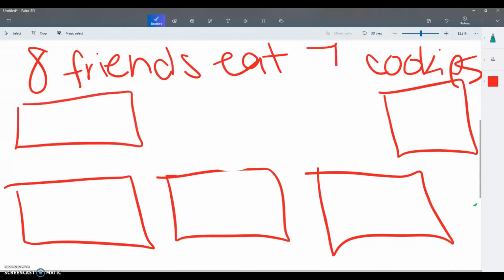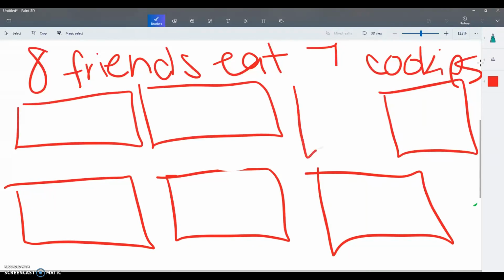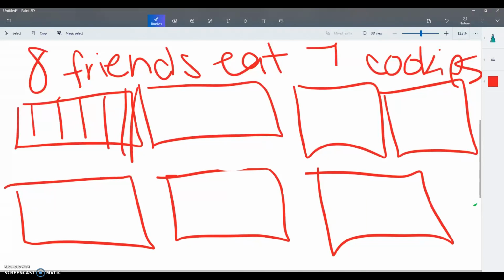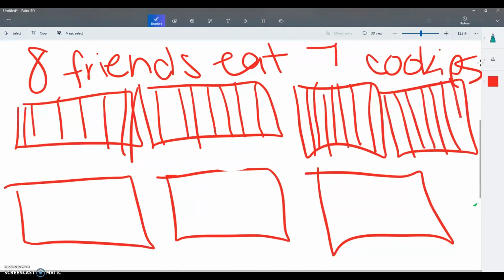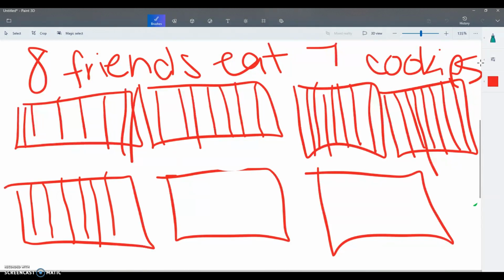1, 2, 3, 1, 2, 3, 4, 5, 6, 7, counting each row of 7.